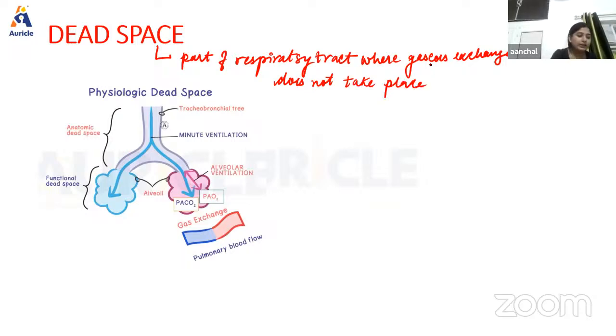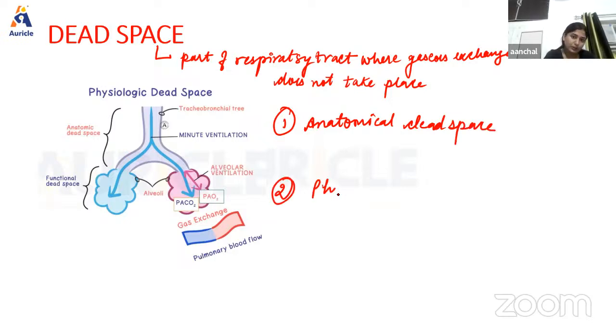Okay, and air present in the dead space is known as dead space air. So here we have two types, that is anatomical dead space and another we have physiological dead space.